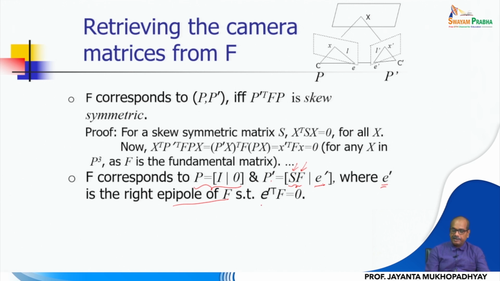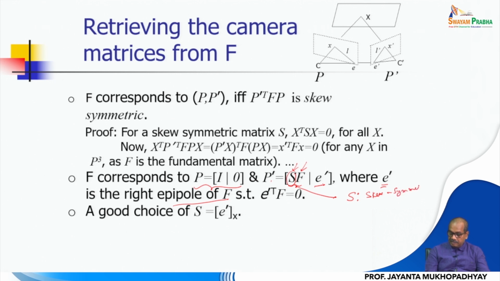We know that this is the property of the right epipole. S is a skew symmetric matrix, which is not written here. It could be any arbitrary skew symmetric matrix, and one good choice is E prime cross.